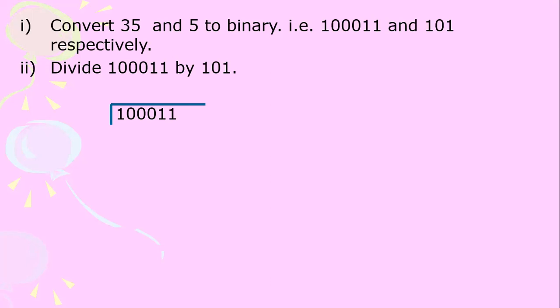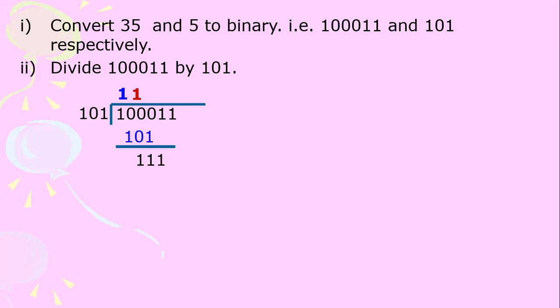So 1, 0, 0, 0, 1, 1 divided by 1, 0, 1. We go by 1. Just the same way we divide, we place 1 on top up there. 1 times 1, 0, 1 is 1, 0, 1. We drop it down there. Then we subtract. When we subtract, we get 0, 1, 1. We drop down 1 of the ones.